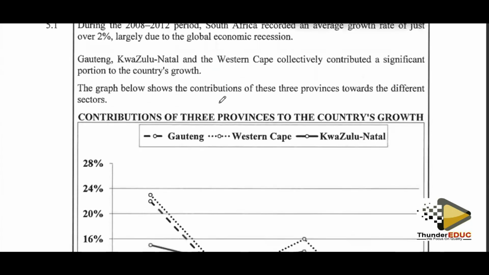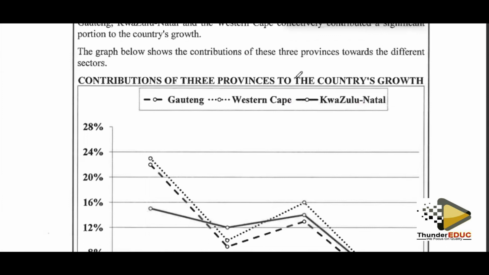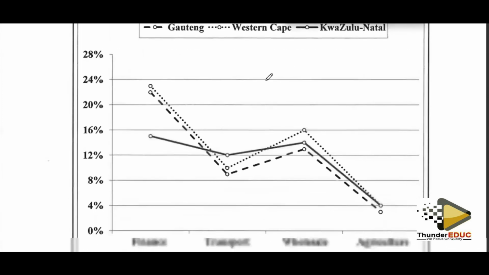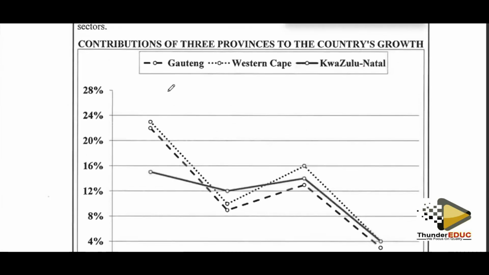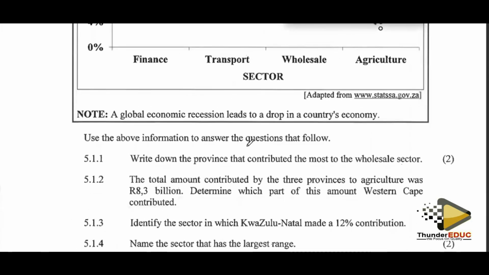The graph below shows the contributions of these three provinces towards the different sectors. Contributions of the three provinces is the title of the graph. The key is here. The dotted line represents Gauteng. The small dotted lines, Western Cape, and the solid line is KwaZulu-Natal.